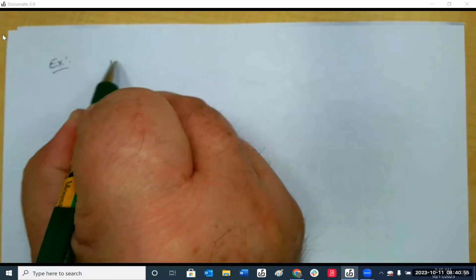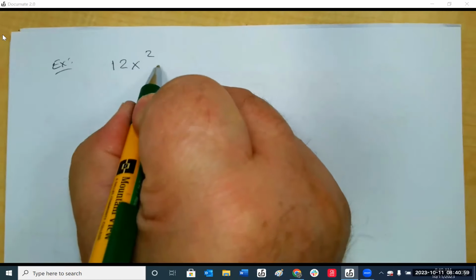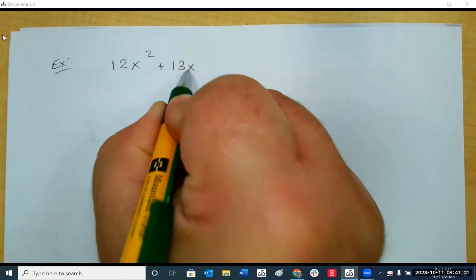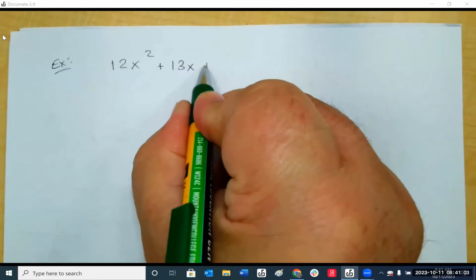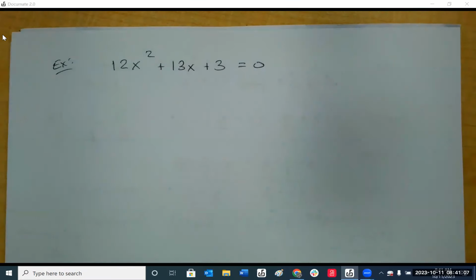So we have 12x squared plus 13x plus 3 equals 0.